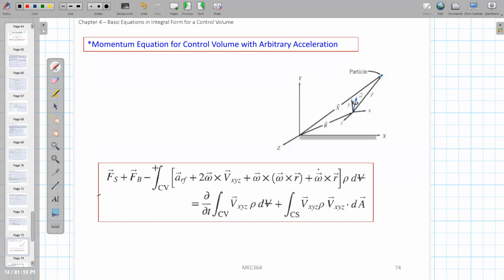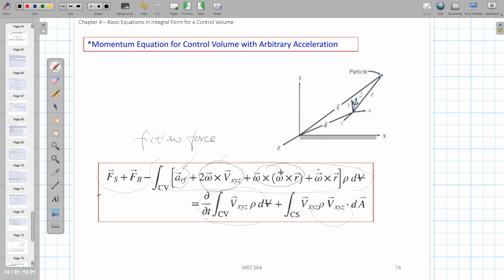Now you can see that these two terms are still the same as before. But this term is called the fictitious force due to this non-inertial frame. Now it becomes more complicated. This is still the rectilinear acceleration force due to this reference framework. And this one is called the Coriolis force.